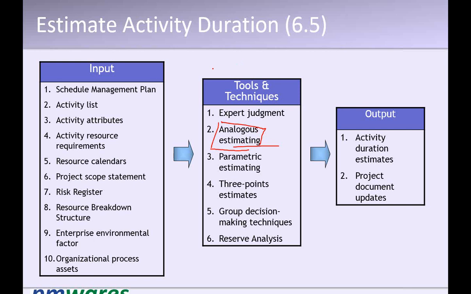The expert judgment, like a gut feeling kind of, how much time this will take, from a person who has experience. That is expert judgment. Expert judgment means the opinion of an expert. He takes all the activities and starts putting down, based on his experience, how much time each will take. That is expert judgment. What is analogous? With the historical information. Expert judgment with the historical information. Okay. And based on that.